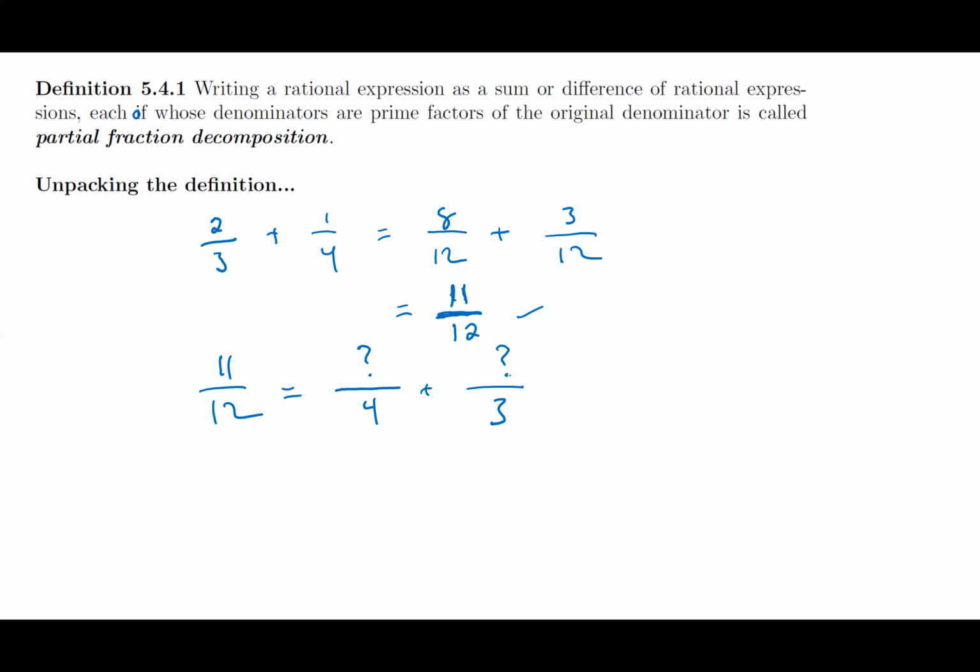That's the game that we're going to play here. Obviously for us, these will be rational expressions, so there'll be polynomials involved, but the spirit of it is just that. We used to go this direction, now we're going that direction.